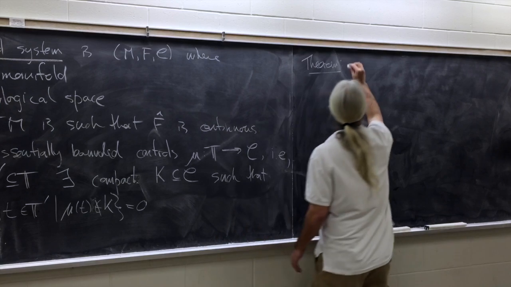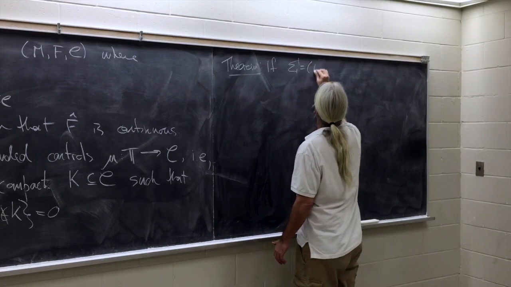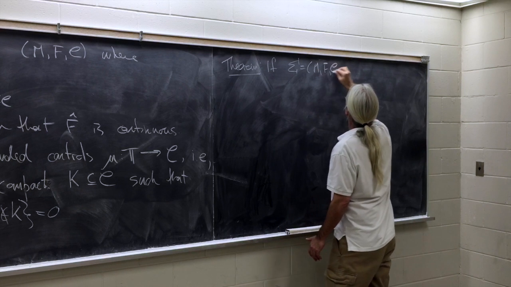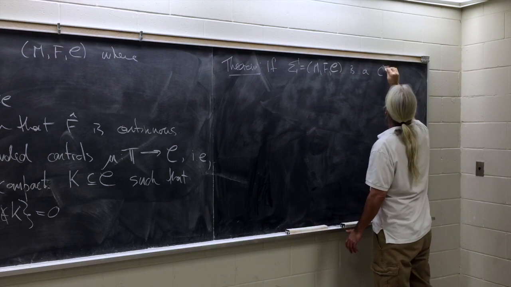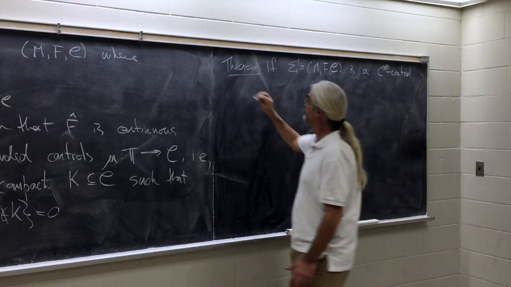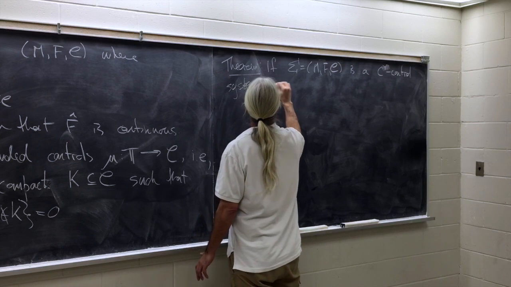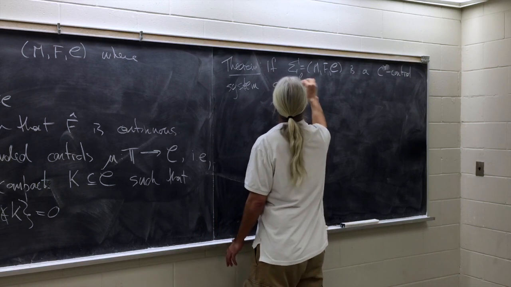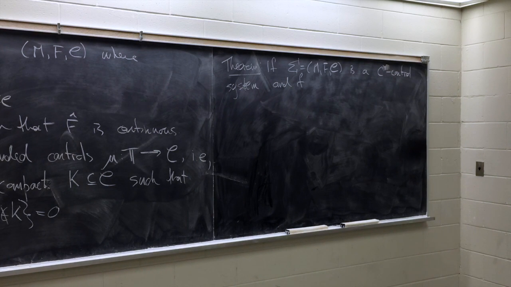So if sigma equals (M, F, C) is a C nu control system, the way you would say this is the following.